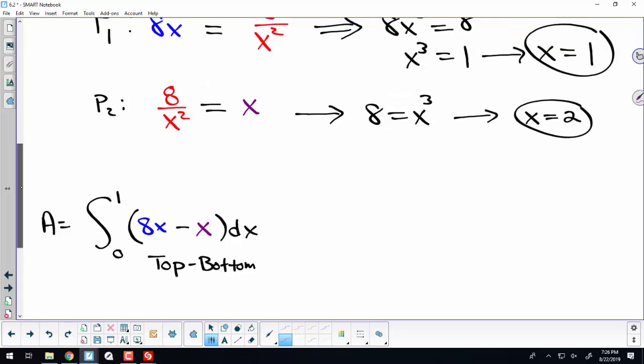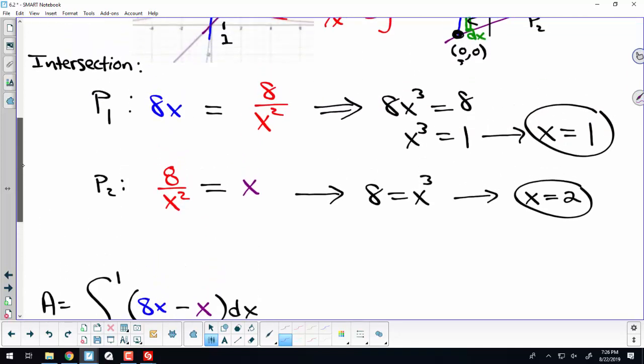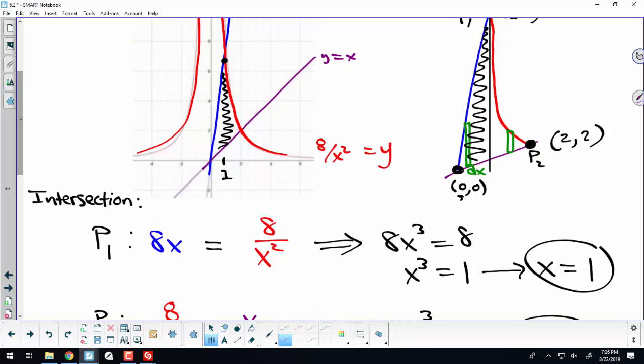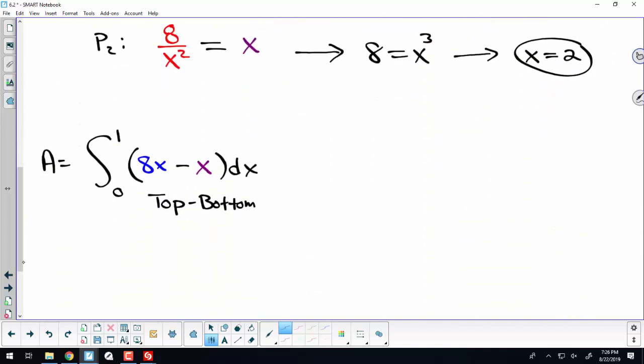What else do we need to do with that? Add from 1 to 2. Yeah, so we're going to add the other area to it, which is found by taking the integral from 1 to 2, an x value of 1 to an x value of 2. And then what's our integrand? 8 over x squared minus x.